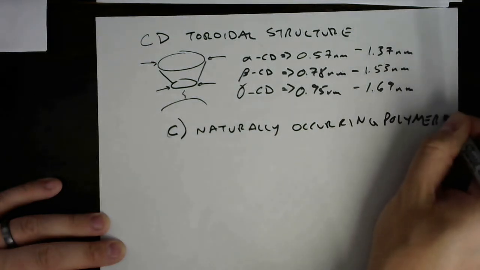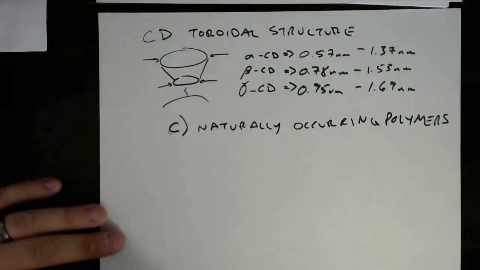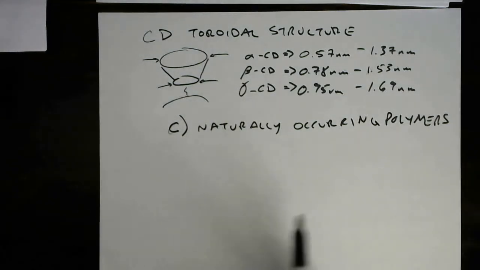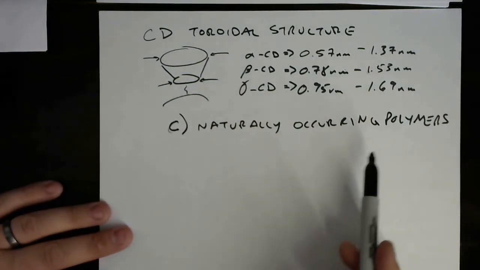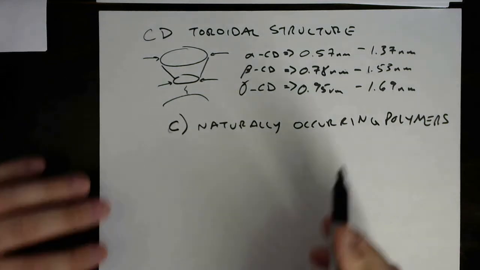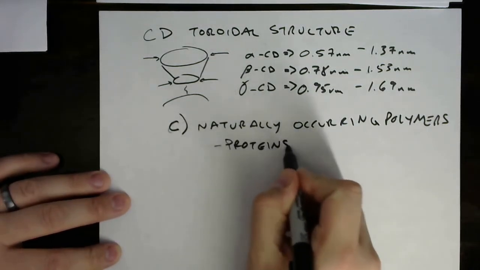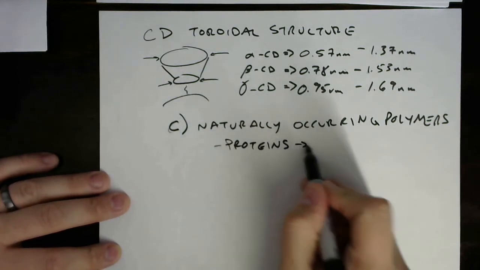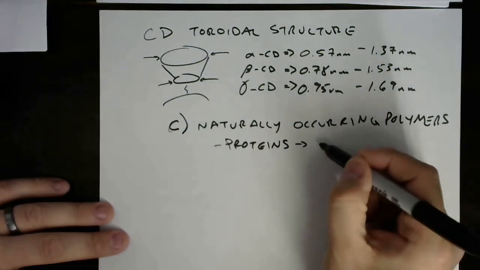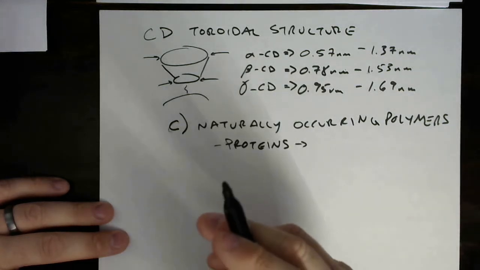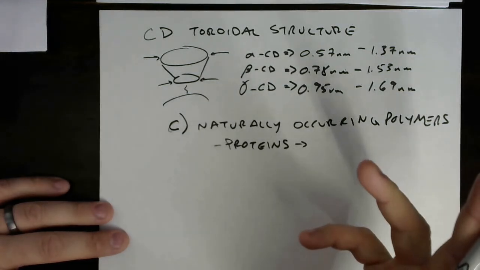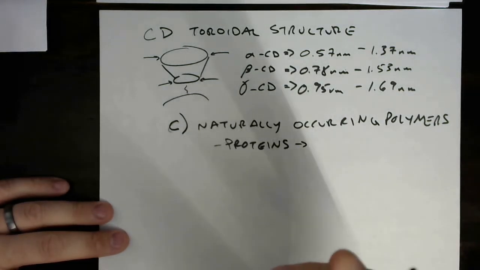Well, guess what? These polysaccharides that we've just been talking about, these are naturally occurring polymers, right? The idea is that there are other naturally occurring polymers. For example, proteins are a good one. Often we'll see chiral stationary phases made of just these highly abundant proteins that are cheap.